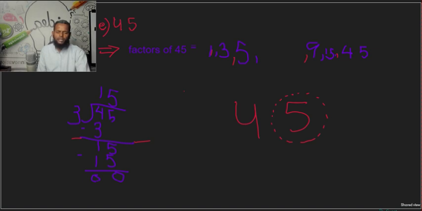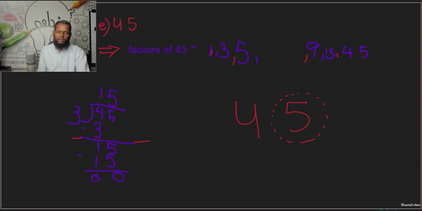Not a factor. 7, read the table of 7. 7, 14, 21, 28, 35, 42, 49, 56, 63. You should tell me, does 45 come in the 7 times table or not? Not.